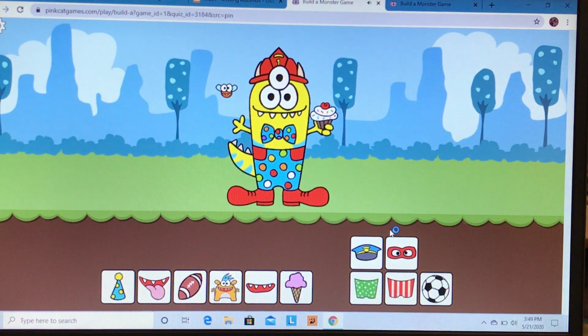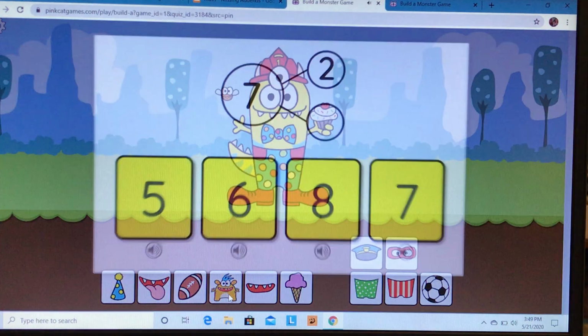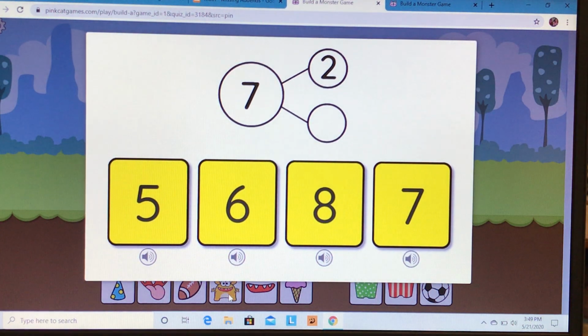All right, let's give him a friend to play with. Here we want the answer of 7, and we're given 2. So let's start going down the row and seeing if it will work. We already have 2. What can we add to it to make 7?